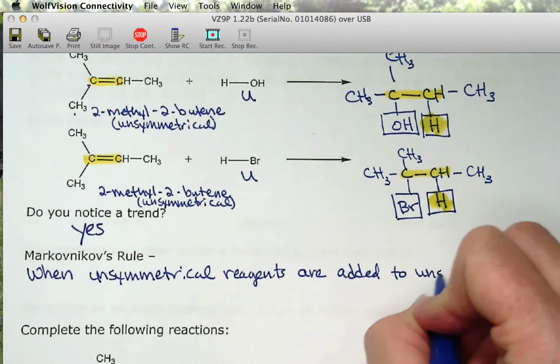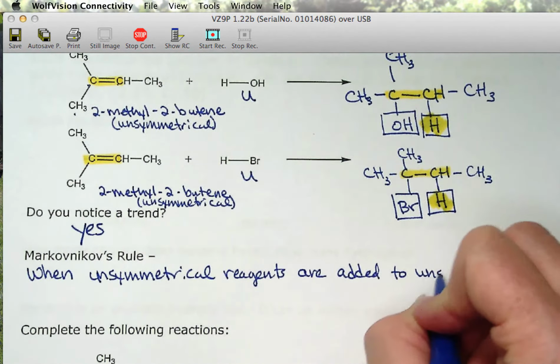I want you to work on these reactions, and you don't have to think about this rule. This is called Markovnikov's rule. I don't think I said it yet. You don't have to think about it unless you have an unsymmetrical reagent reacting with an unsymmetrical alkene.